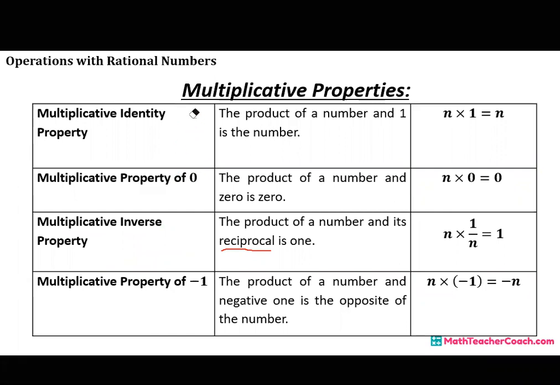If you have 3 over 4 times negative 1, the answer will be equal negative 3 over 4. So these are the properties when you multiply two rational numbers. Let's move to the next part.